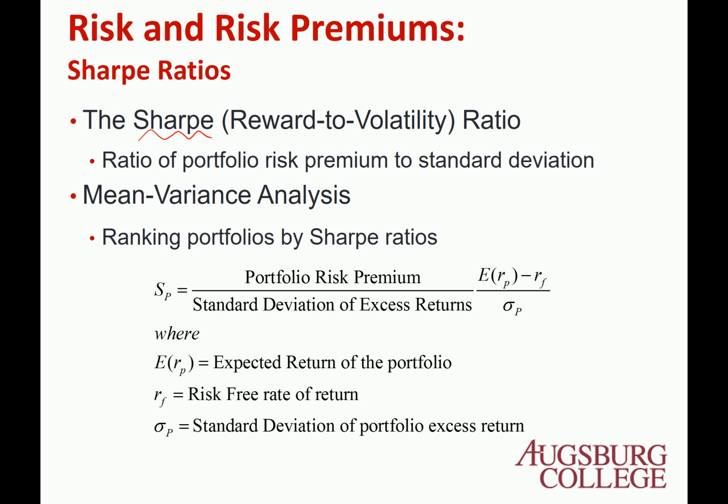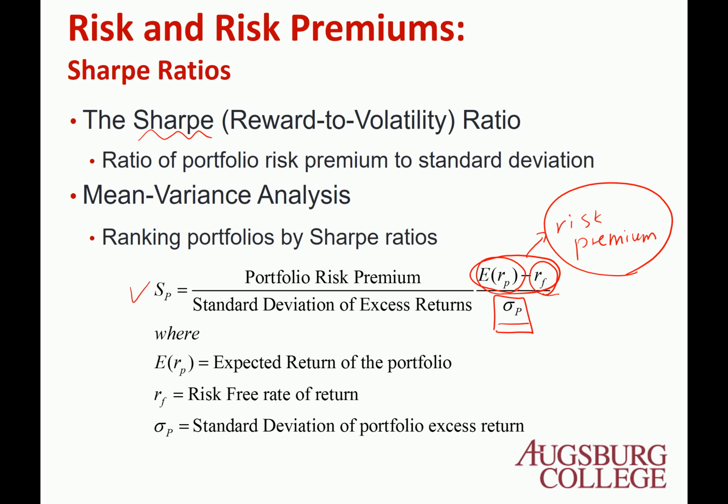The Sharpe ratio is usually used for portfolios: portfolio return minus the risk-free rate, which is the risk premium of the portfolio, divided by standard deviation. If the Sharpe ratio is high, it means you make more return per 1 unit of risk, which is good. So this is used to rank portfolio performance.